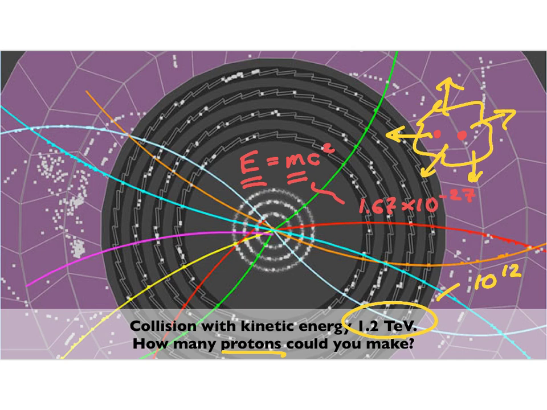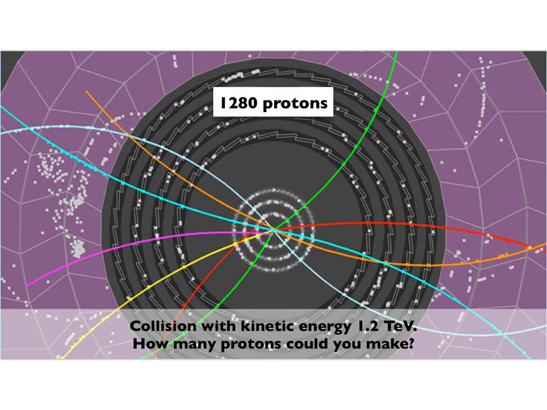The other thing I could do is note that a proton has a mass of approximately 1 atomic mass unit, and 1 atomic mass unit is about 931.5 mega electron volts, so approximately 1 giga electron volt. And this is 1.2 tera electron volts, so we have more than 1,000. If you complete the calculation, you get 1,280 protons. You slam these 2 particles together, and you could make this many protons.